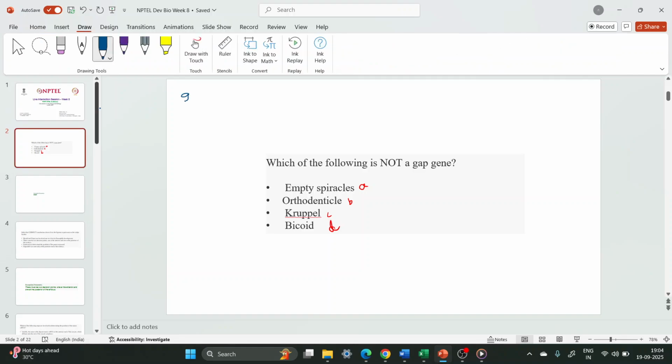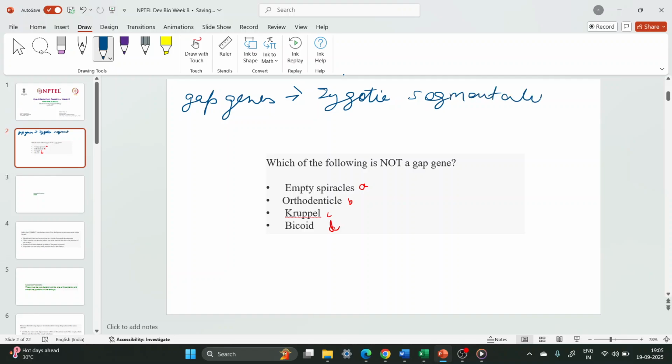So when we talk about gap genes, these are zygotic segmentation genes, and these are expressed early in Drosophila development.